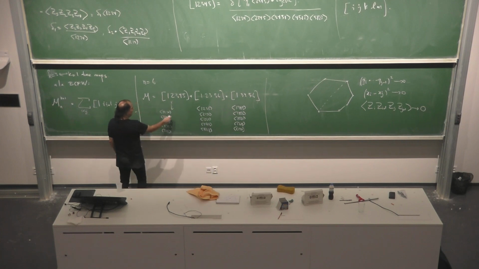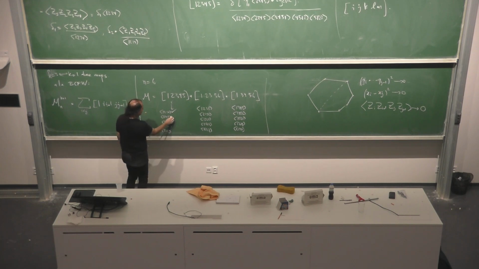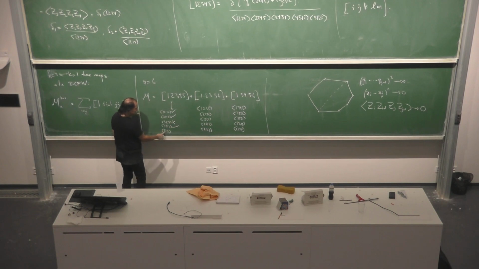What do we have? This is i i+1, j j+1. Good. Okay? This is i i+1, j j+1. Oh, still good. This is i i+1, not good, because this is at n equals 6, so it's 5, 6, 1. There's a 6 in between. That's no good. That's a spurious pole, right? This is i i+1, j j+1. That's good. This is not good.